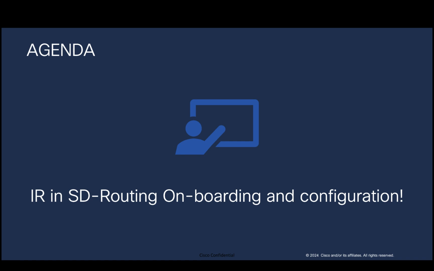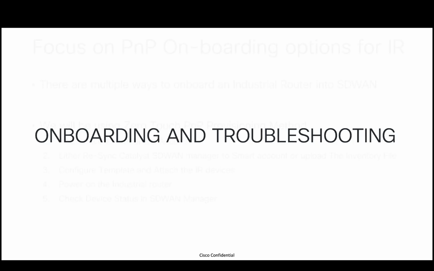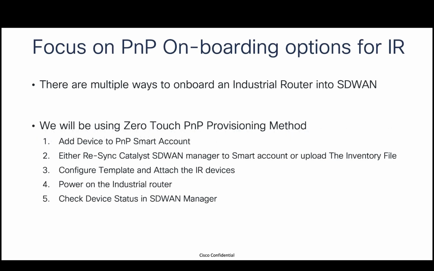So we will start with some of the prerequisites needed. In part 2 of the series, we went over how to add a device to the PNP Smart account and sync or upload an inventory file to the SD-WAN manager. We won't be going through that again in this series because the process is the same.